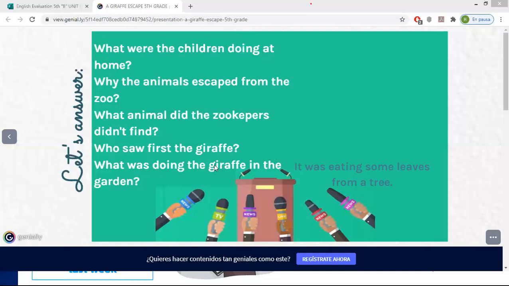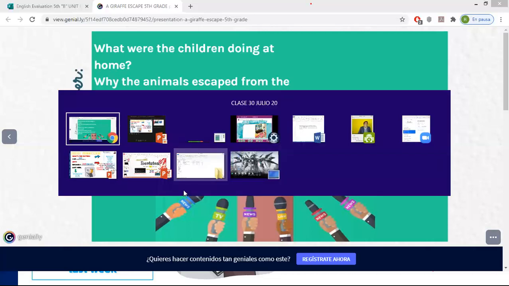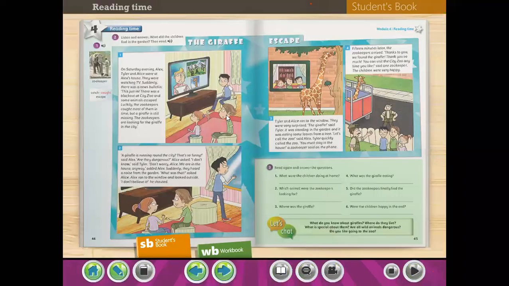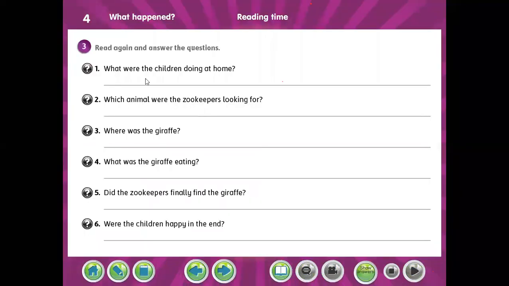Good. Then the children called the zookeepers. The zookeepers arrived and they caught the giraffe. Good. Now, please, I am going to give you 5 minutes. Read the story one more time. Complete and answer these questions, please.